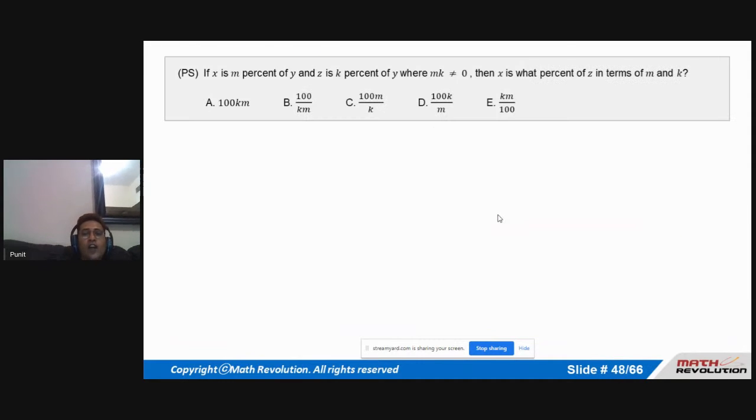Now let's quickly talk about a basic application of axiom 1. We have a question about percentage expressions, and this is a common question that has been seen in the GMAT many times. It's based on axiom 1 application.